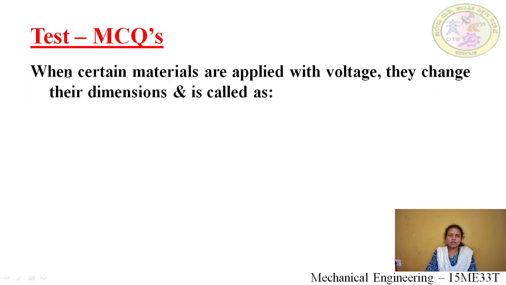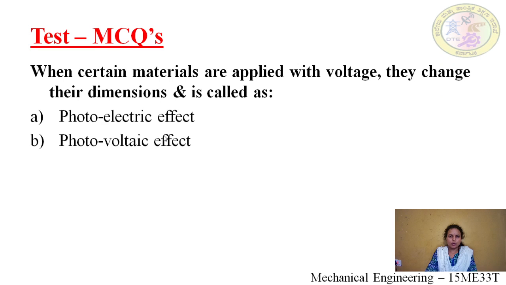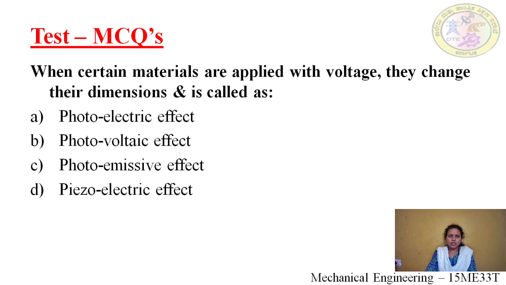The next question is: when certain materials are applied with voltage, they change their dimensions, and this is called as: option A, photoelectric effect; option B, photovoltaic effect; option C, photoemissive effect; option D, piezoelectric effect. Once again I would like to read the question.